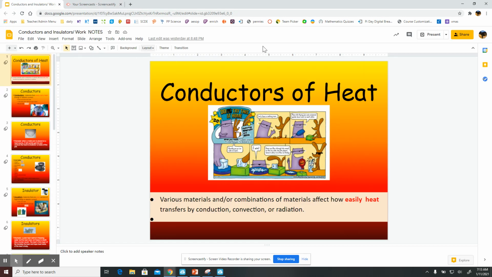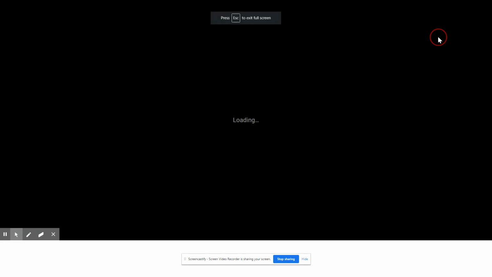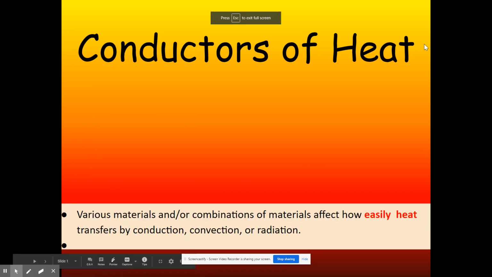So we do know from last week that heat is transferred in 3 different ways: conduction, radiation, and convection.